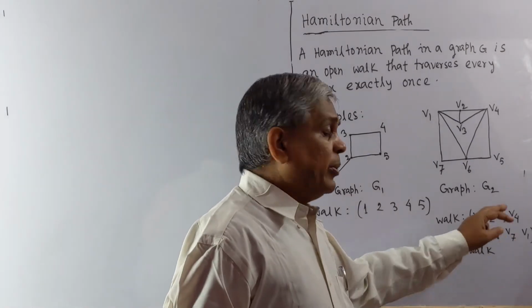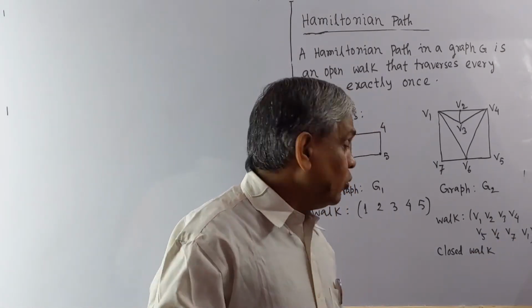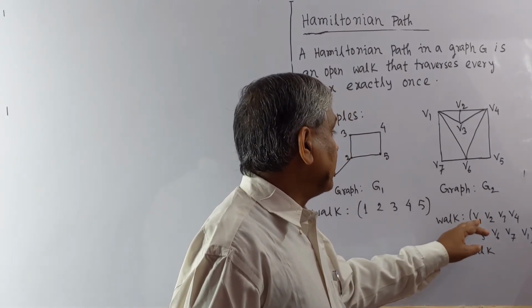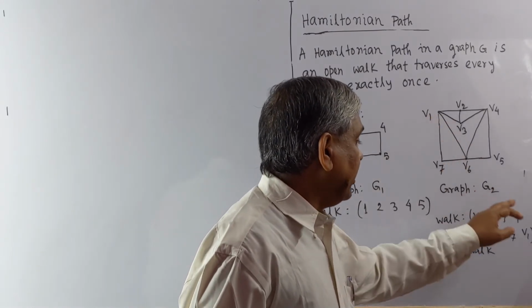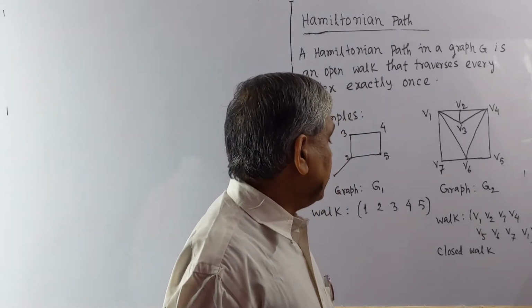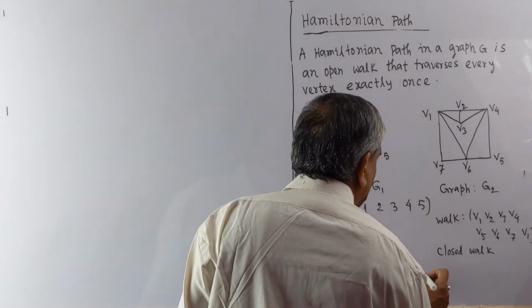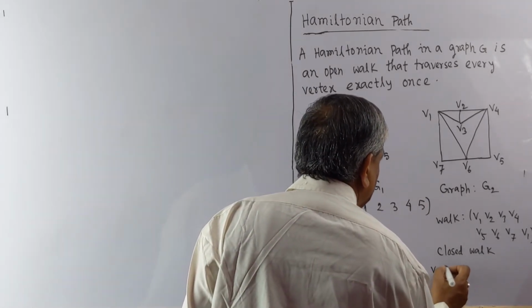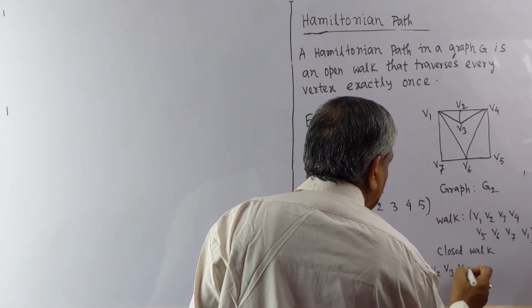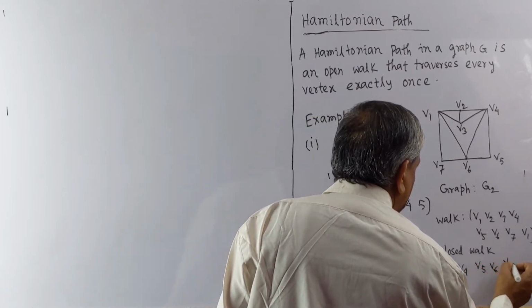And every vertex in the walk has been taken once except the starting vertex V1 and end vertex V1. If we make this open walk, then we write V1, V2, V3, V4, V5, V6, V7.